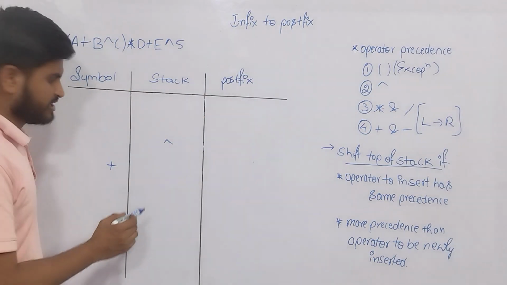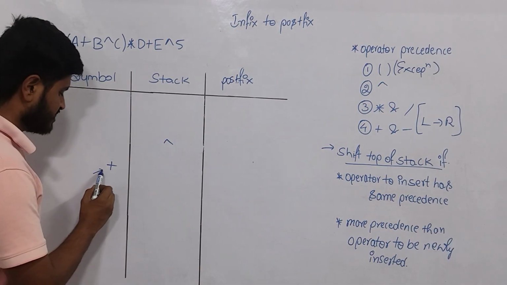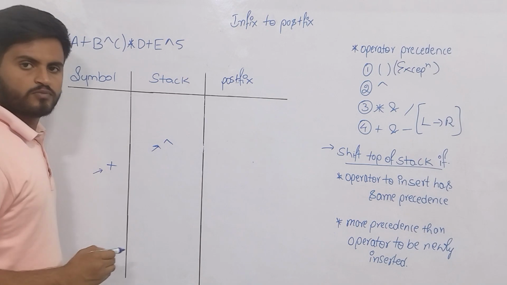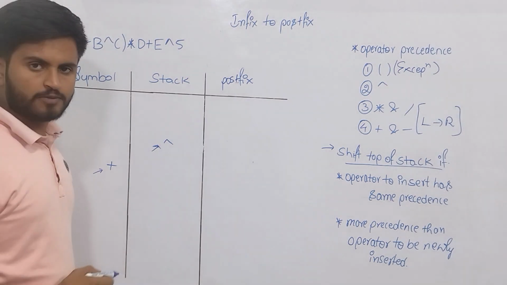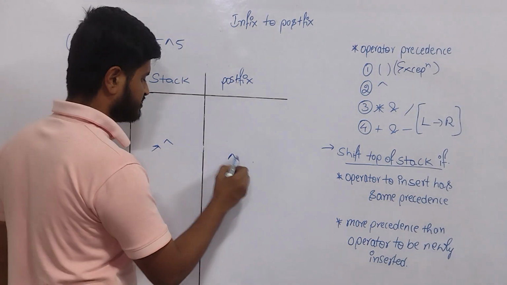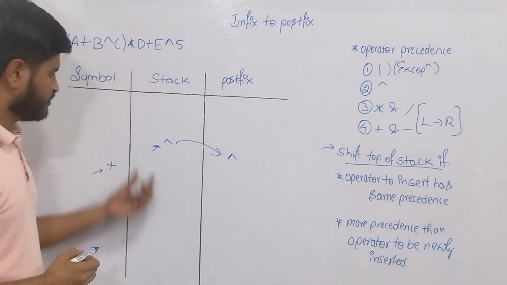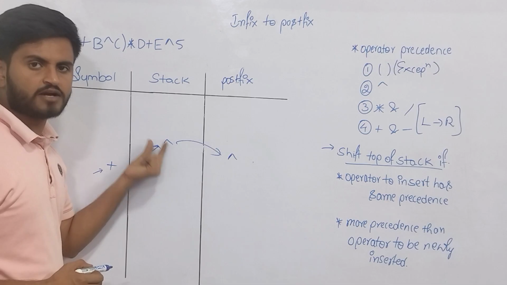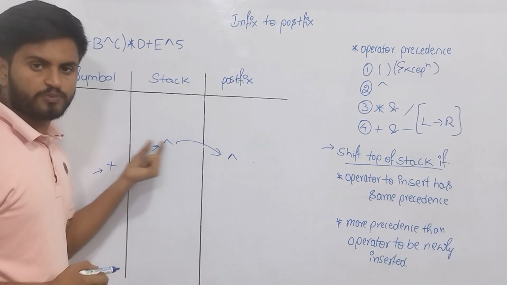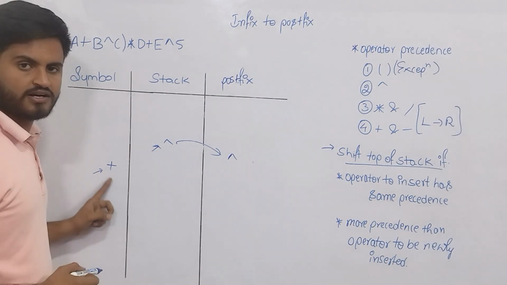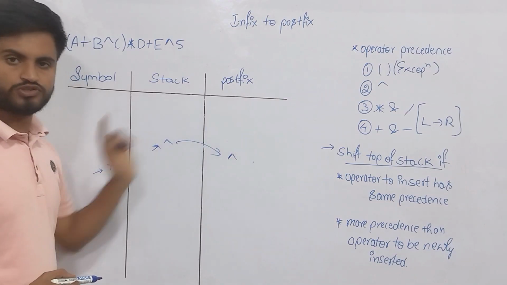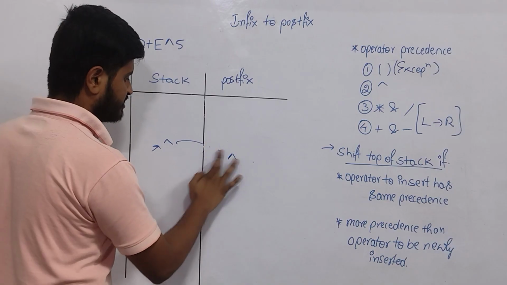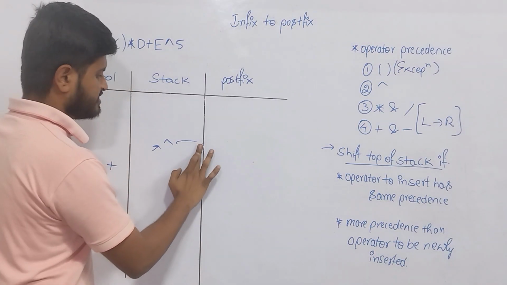So when the newly inserted operator has less precedence than the top of the stack operator, the top of the stack operator is shifted to the postfix. Now let's solve the problem, you will understand easily.